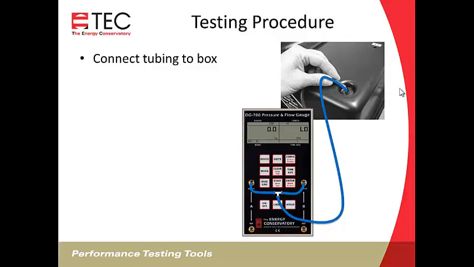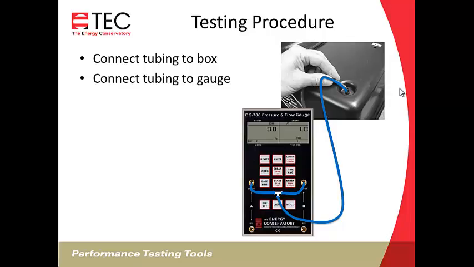And the advantage to that is you'll be able to see on channel A what the pressure in the box is, and then it'll read flow on channel B at the same time. So you won't have to connect to channel A first to see what the pressure in the box is, and then switch it to channel B to read flow. You can just see both readings at the same time.